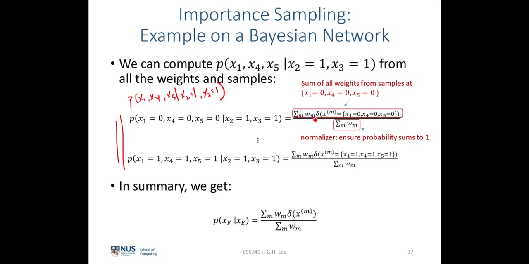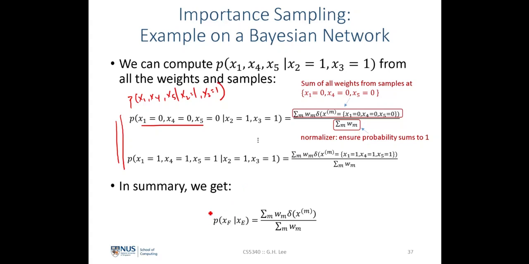So this is equivalent to the weighted sum of all the samples that we observe to be taking the state of 0, 0, 0. We have to ensure that this is a proper probability value, which means that all these probability values should sum to 1. Hence, we are going to normalize it with the sum of all the importance weight values.